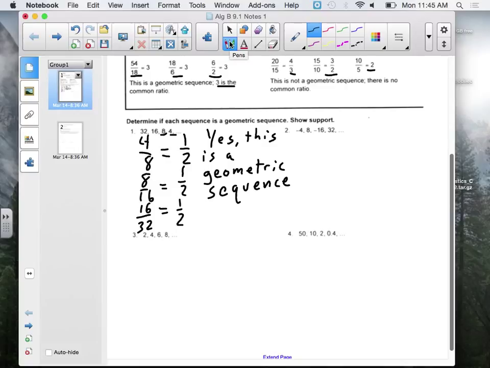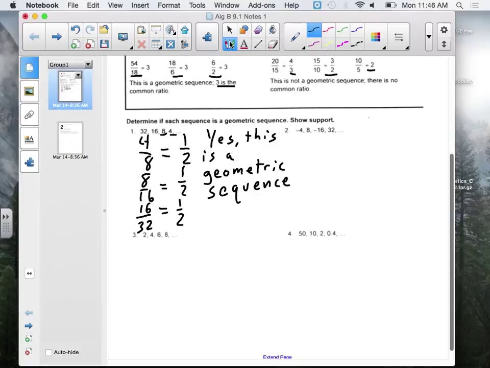Is half of 32 16? Is half of 16 8? Yes. Is half of 8 4? Yes. Then what do you think is the correct common ratio? 1/2 or 2? 1/2, yeah. We divide to find the multiplier, but we have to divide in the correct order because division is fussy.